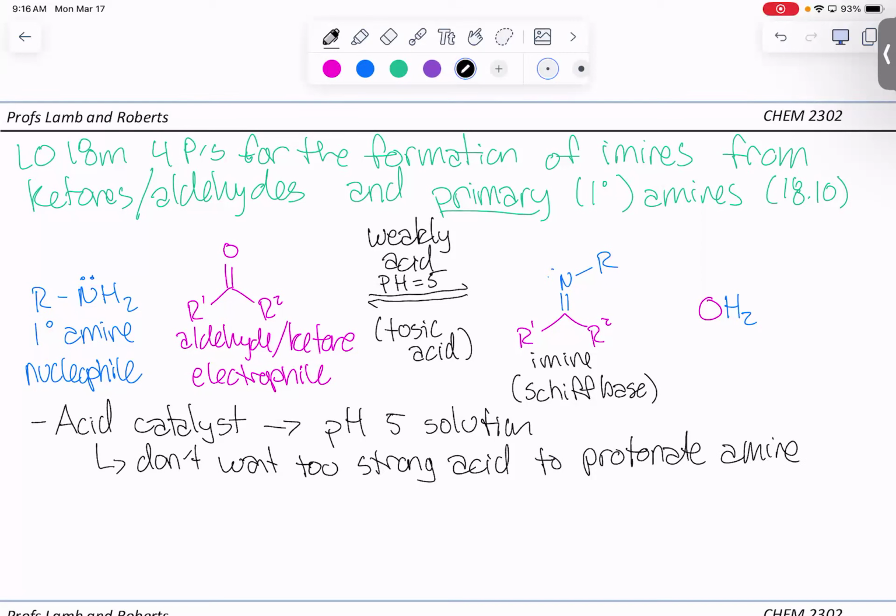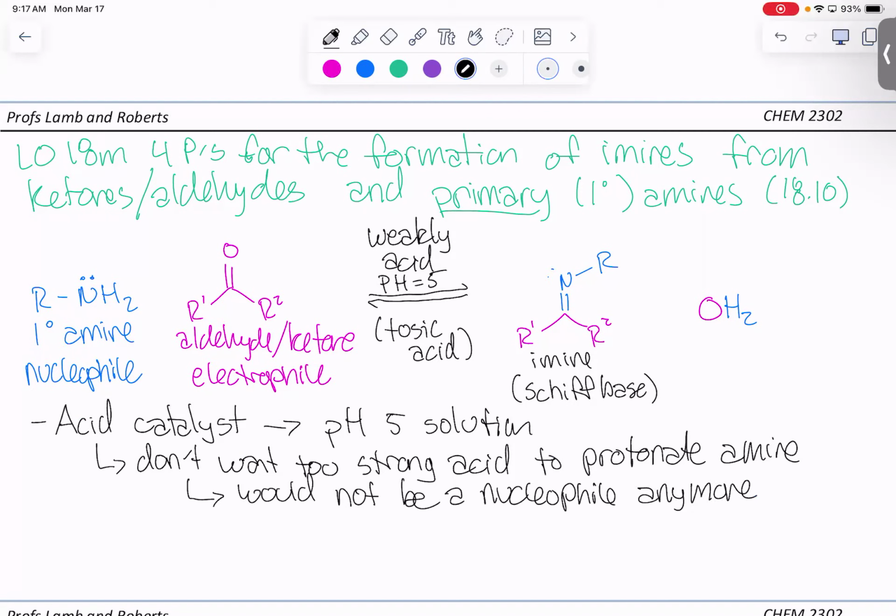The reason is if we lose that lone pair of electrons, those are the electrons that act as a nucleophile, right? So then it would not be a nucleophile anymore. That would just sit there. And I'll explain that as well in the context of the mechanism.